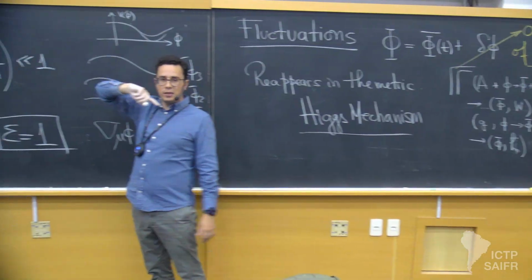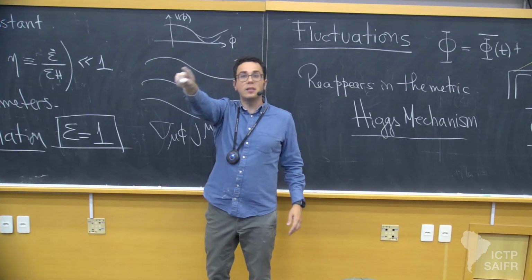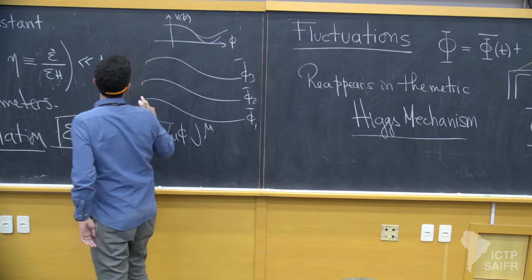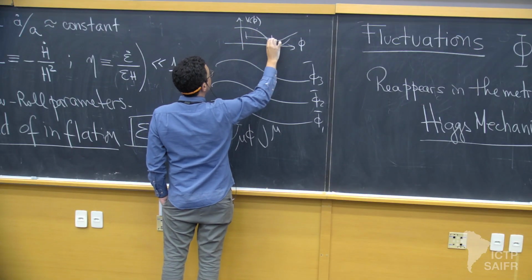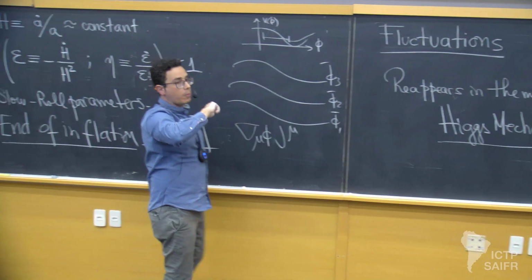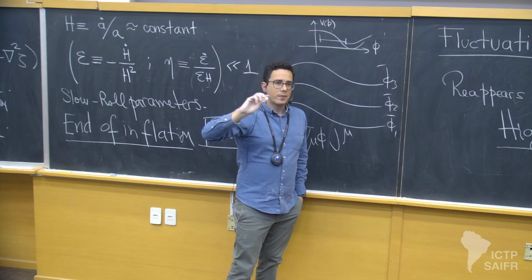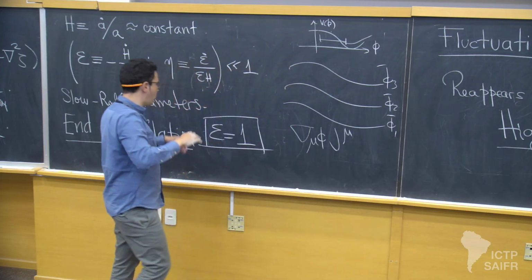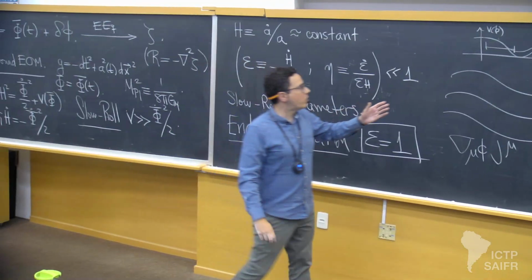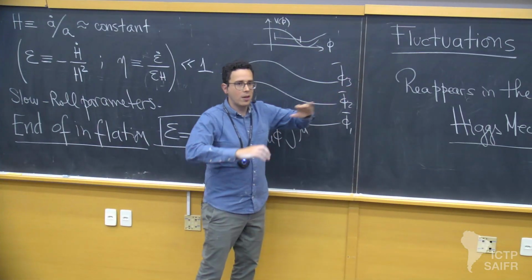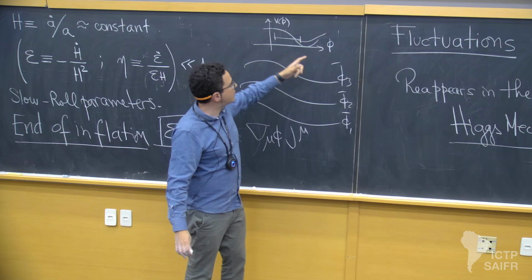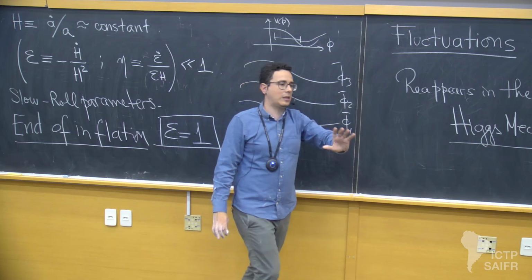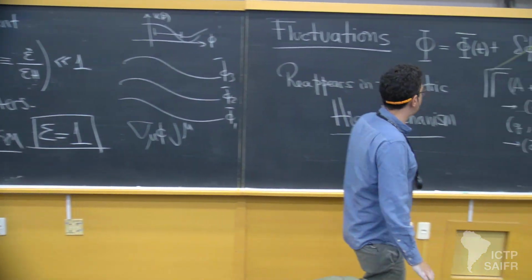The other thing I did not say: if you work out in your exercise sheets m squared phi squared, you will find that for simple models of inflation, this field phi traverses Planckian field ranges. There is no issue with probing the Planck scale. It's just that you need to trust this function over a very long range of phi's, so you need this shift symmetry to be very, very good. So it's a little bit suspect in that sense.